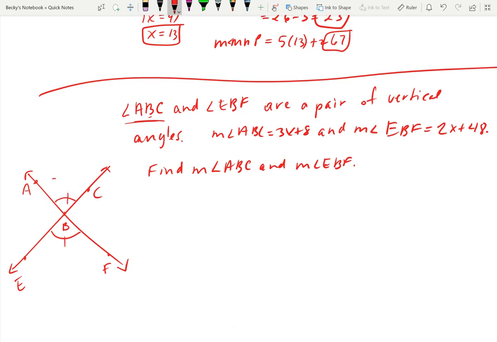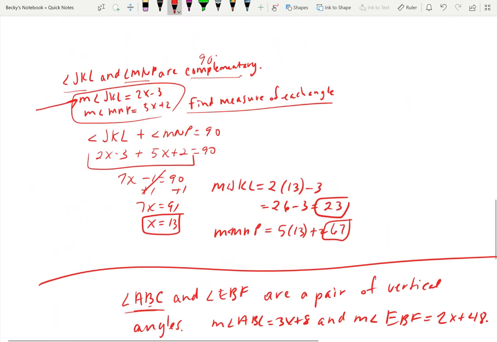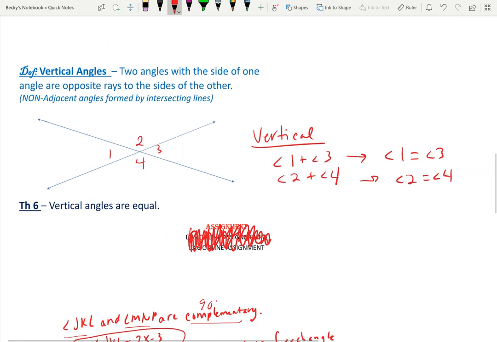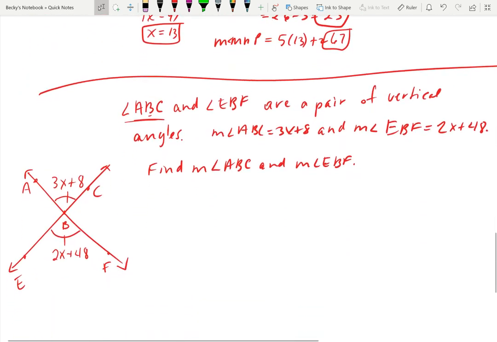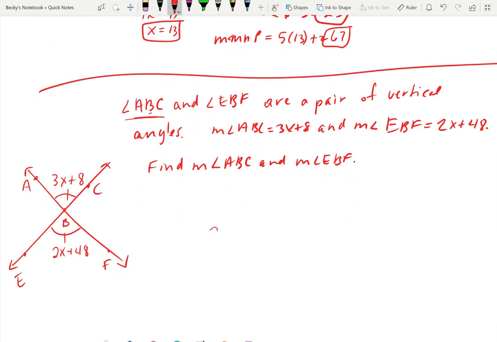So ABC is 3x plus 8, and EBF down here at the bottom is 2x plus 48. Because of the theorem we were just taught, theorem 6, you will use this a lot, the two are equal. So let's set them equal.